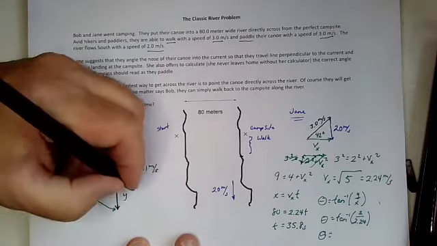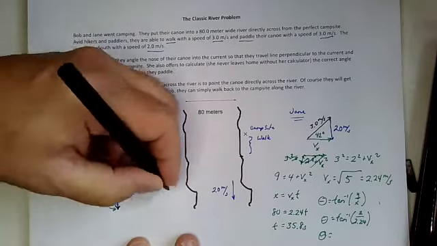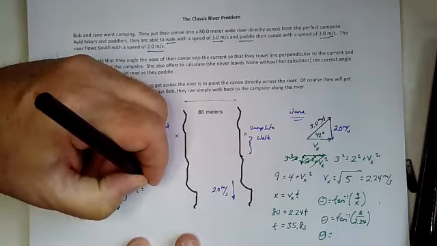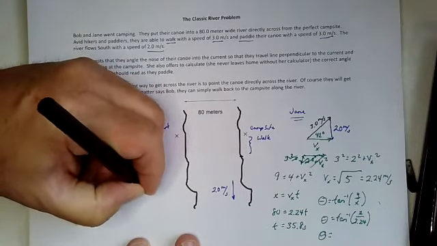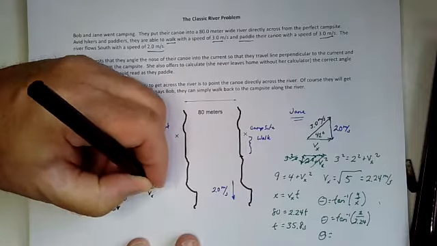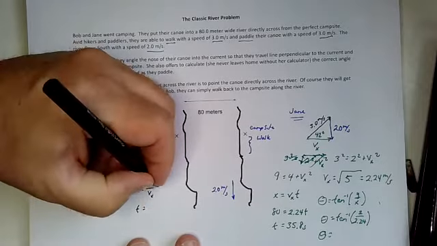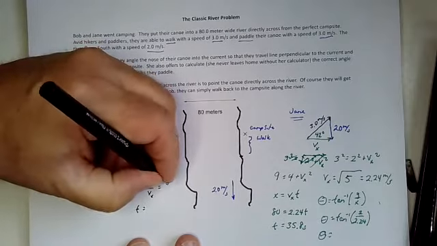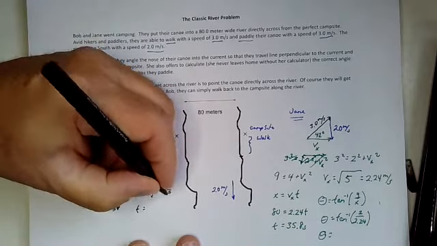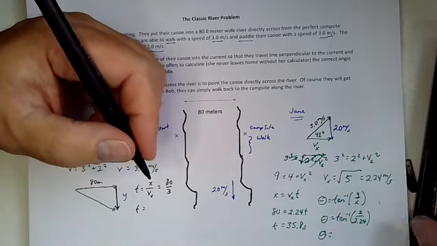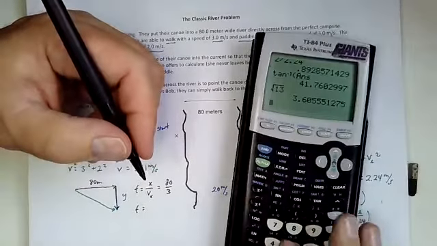So time is going to be equal to distance divided by velocity. So x divided by vx. And so that's going to be equal to 80 divided by 3.